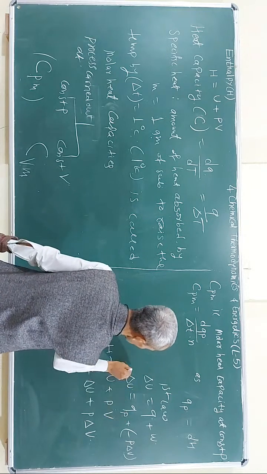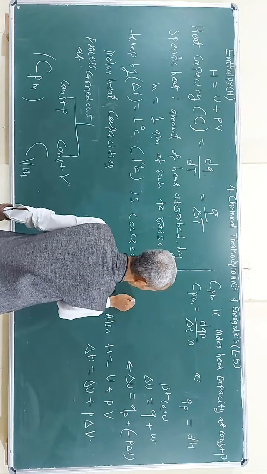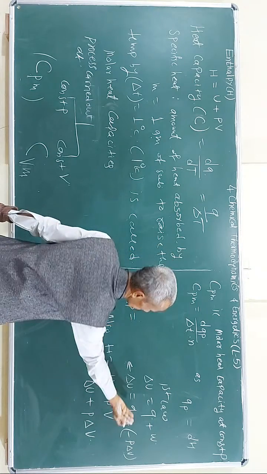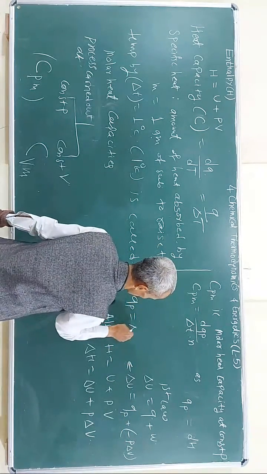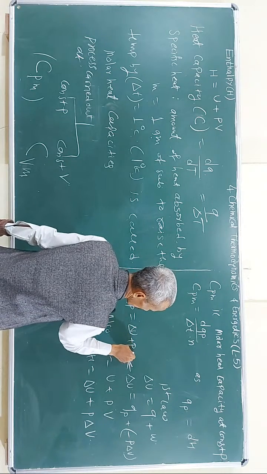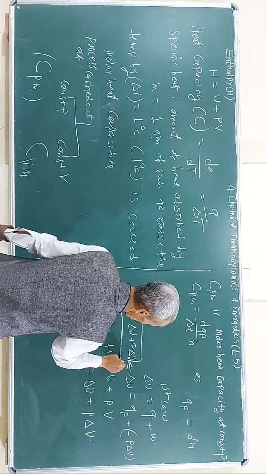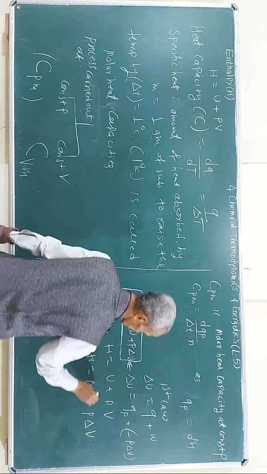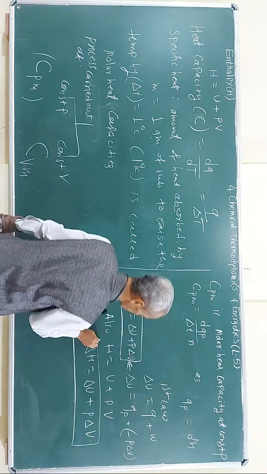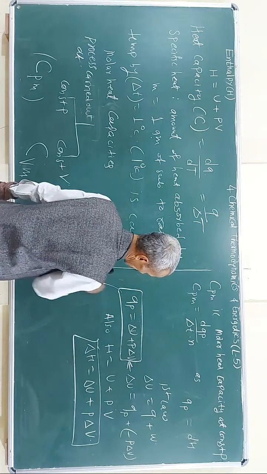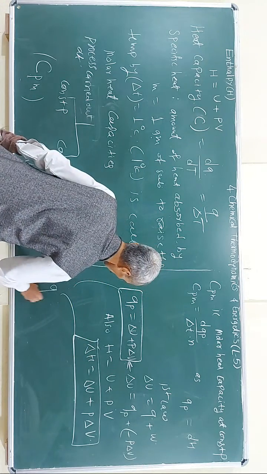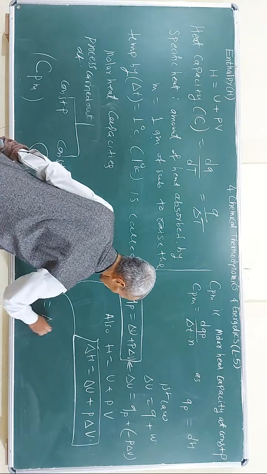This can be rearranged like this, where QP is equal to ΔU plus PΔV. This is from the first law, and this is from the definition of enthalpy. Both are the same. QP is equal to ΔH.